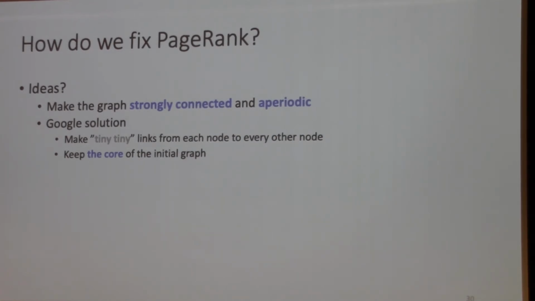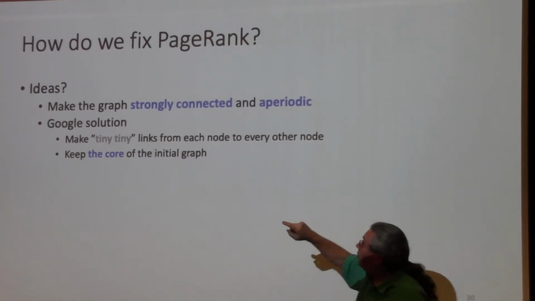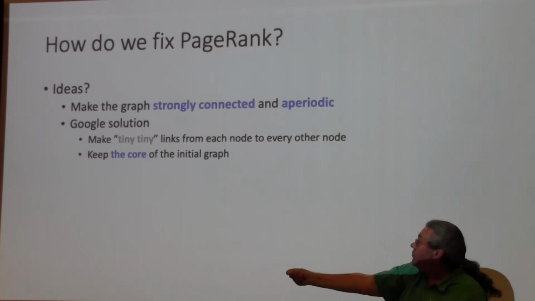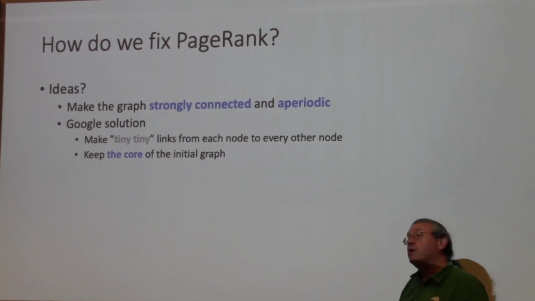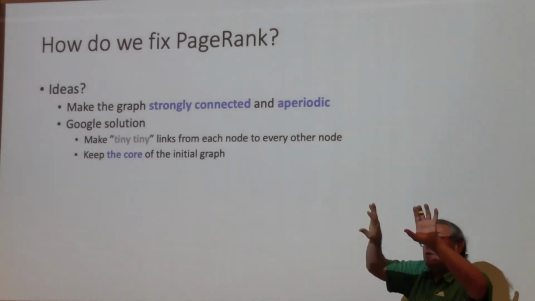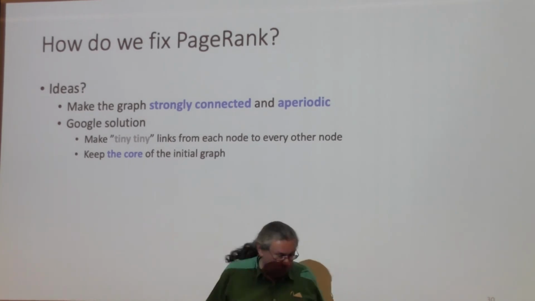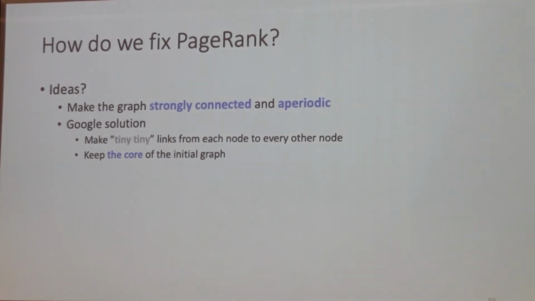So the Google solution is you make tiny links from every node to every other node. This is what we called the evaporation and the rain falling. And with that, you make sure that the whole graph is connected.